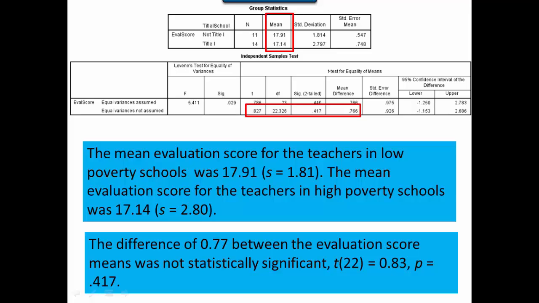T with 22 degrees of freedom, notice that you round it to the whole number, equals 0.83, P equals 0.417. Notice that when you're rejecting a null hypothesis, you report the p-value that's given in SPSS.